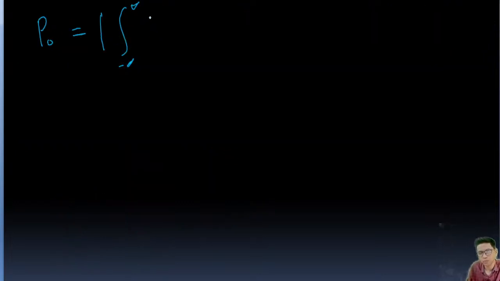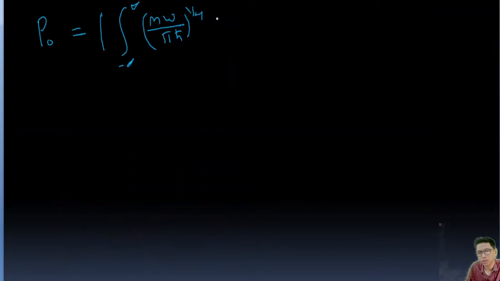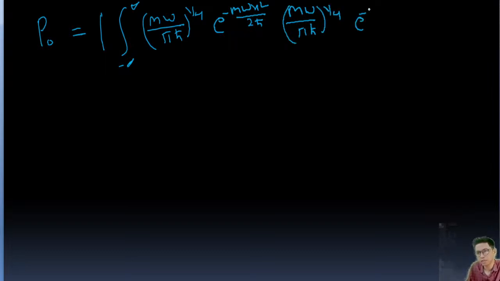So this is going to be m omega upon pi h cut to the power 1 by 4 into e to the power minus m omega x square by 2 h cut, into m omega upon pi h cut to the power 1 by 4 into e to the power minus m omega x square upon 2 h cut dx, and mod square.